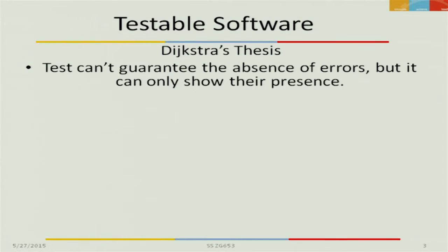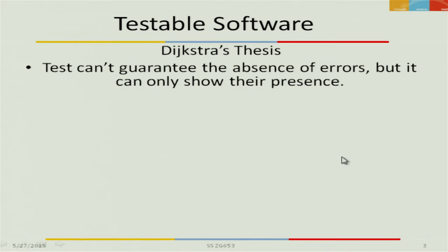What that means is that if you do a huge amount of testing and fix errors, the only thing you can achieve is to demonstrate that errors exist in the software. But after completing the testing, it does not guarantee at all that all the errors are gone. So testing cannot guarantee the absence of errors.